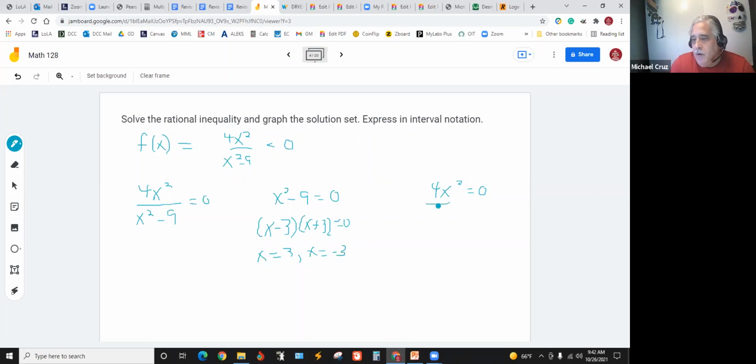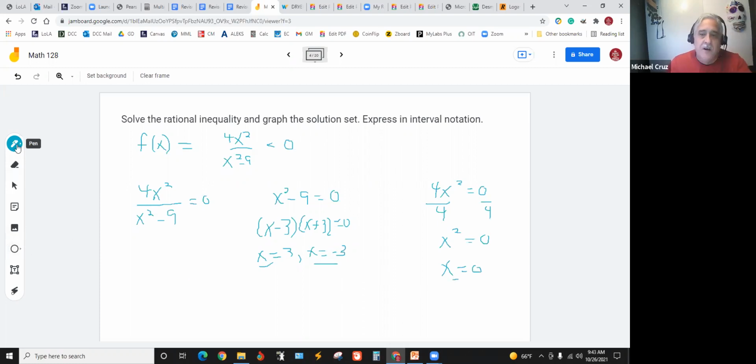And then over here, anytime you got a variable set equal to 0, it's going to be 0. So here's 3 boundary points, okay?